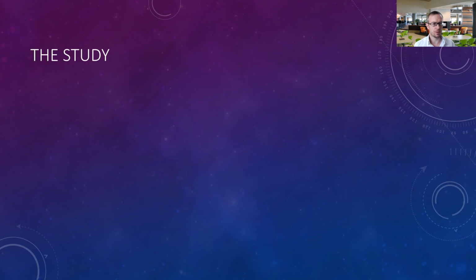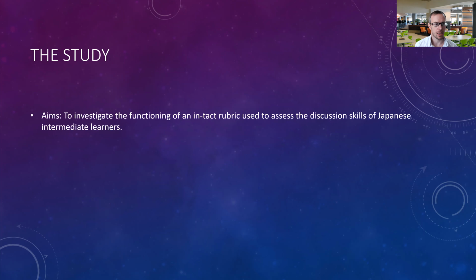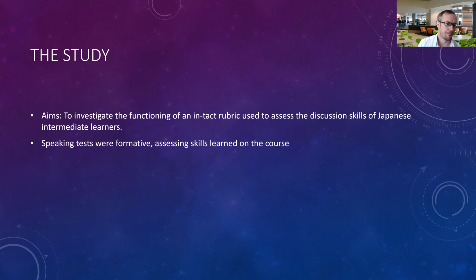So onto our particular study here. Basically, the aim of this research was to investigate the functioning of an intact existing rubric that we were using in a seminar discussion skills course at a Japanese university with intermediate learners. Speaking tests were formative or summative tests, which assessed skills that were learned already in the course.